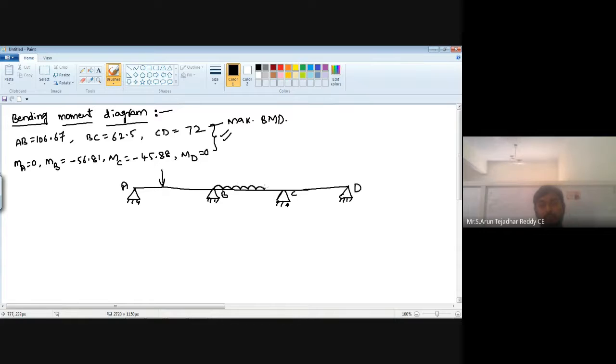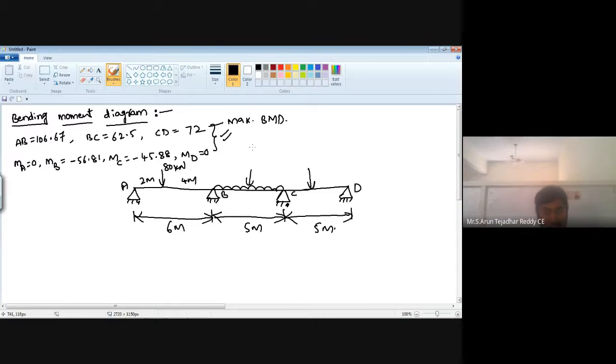It is UDL. Again, it is an eccentric point load. Okay, 80 kilonewton, 2 meter, 4 meter, 6 meter, 5 meter, 5 meter, 20 kilonewton per meter, 60 kilonewton.